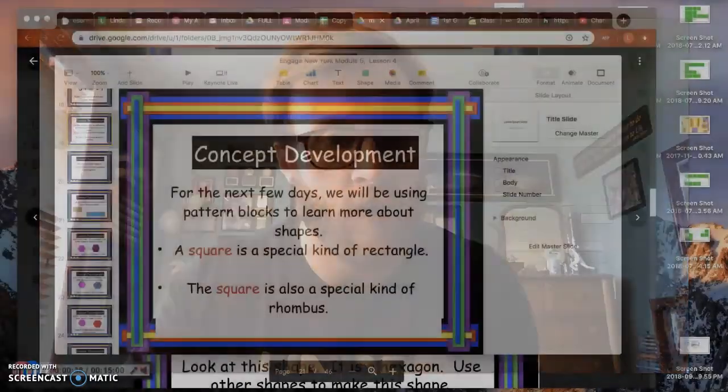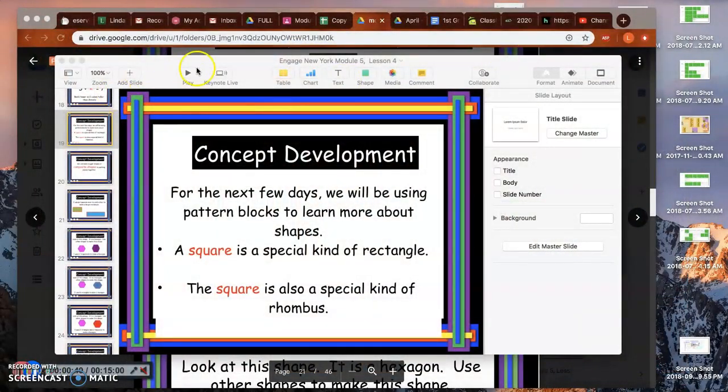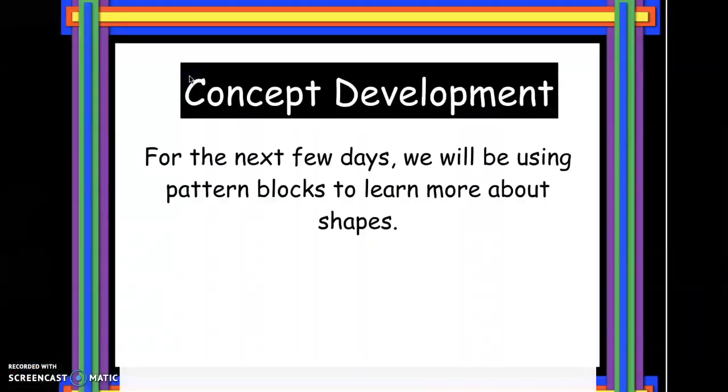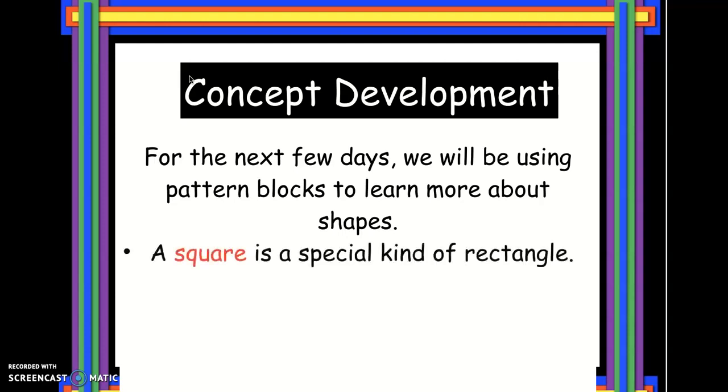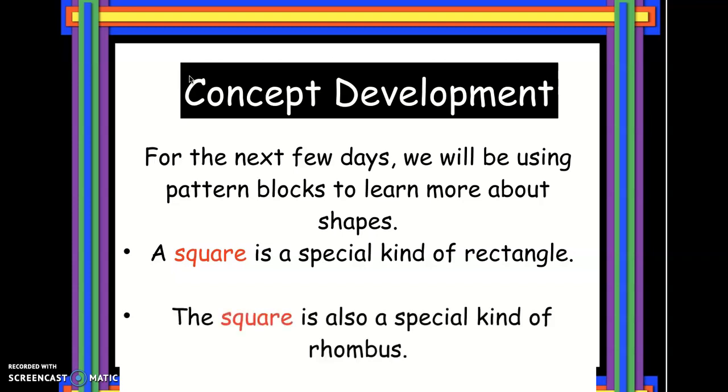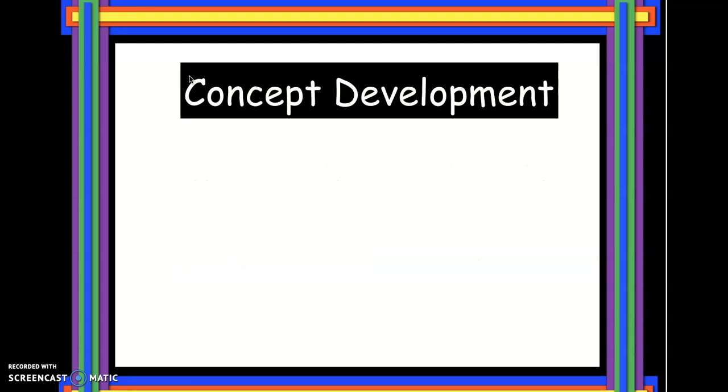Let me get my screen back to small. There we go. Okay, so we would be using pattern blocks to learn more about our shapes, but you're going to look at it on the screen from now, since I wish I could give you guys pattern blocks, but you guys don't have any at the moment. So we're going to be learning about different shapes, like I said, going into other shapes or making up other shapes.